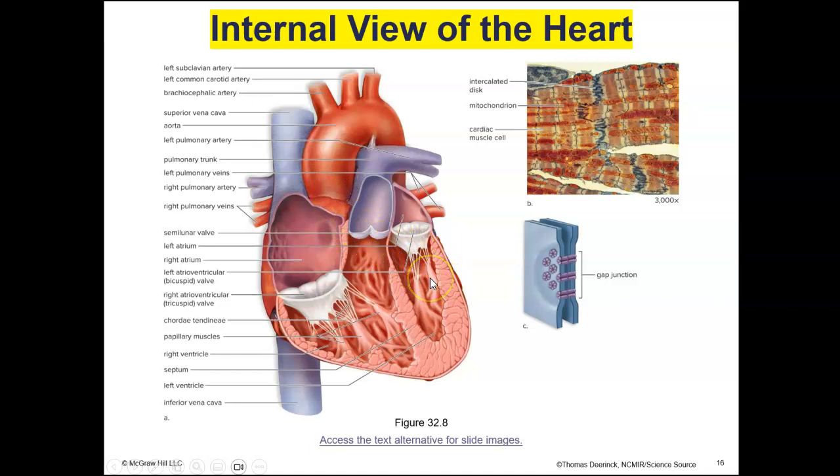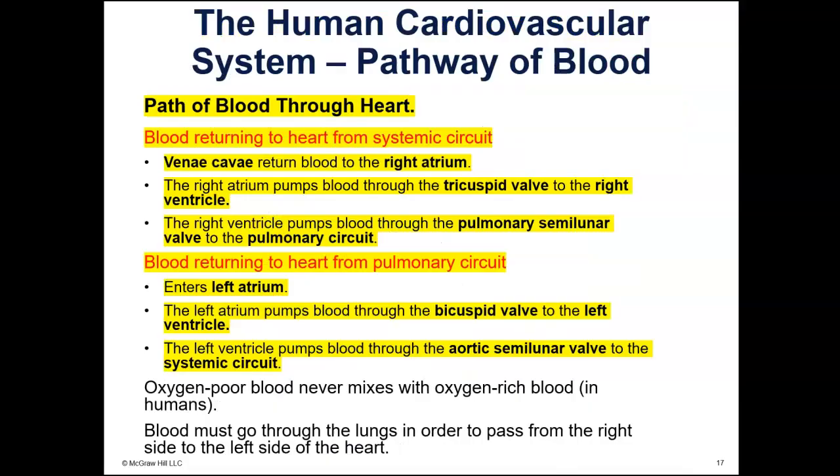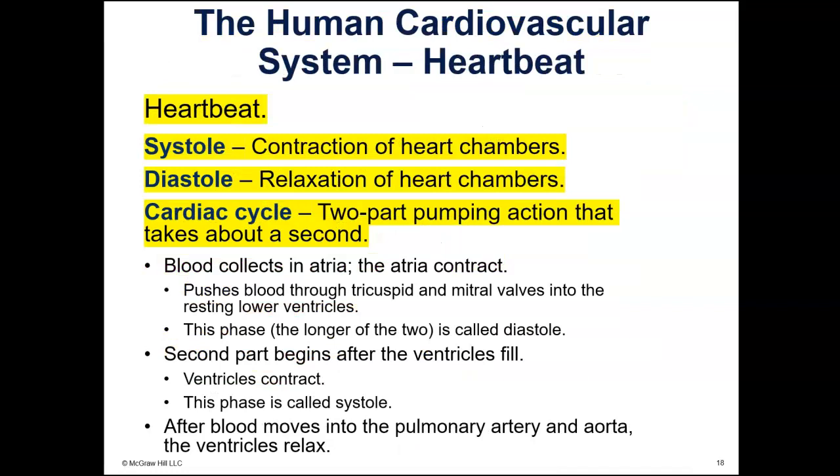But the blood will go from the left ventricle through the aortic valve into the aorta and then into all the body systems, the body cells, and it will drain back into the heart through the major veins called the vena cava. The superior vena cava will drain the upper body, and the inferior vena cava will drain the lower body.